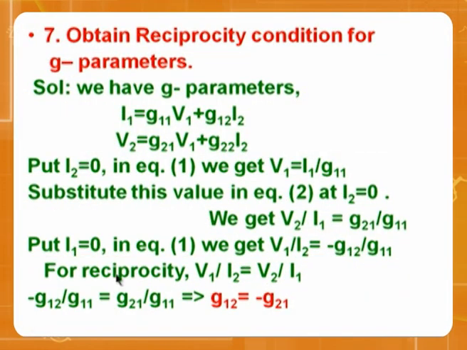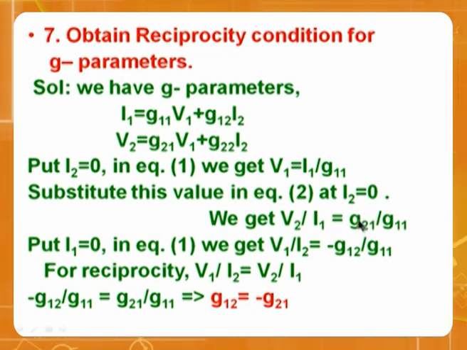Now what about G parameters? Take G parameters and check for the reciprocity condition. First define them: put I2 = 0, get V1 by I1, and V2 by I1.